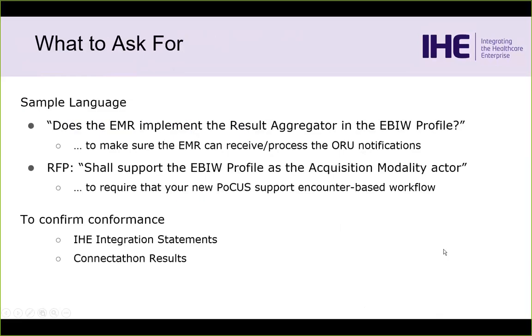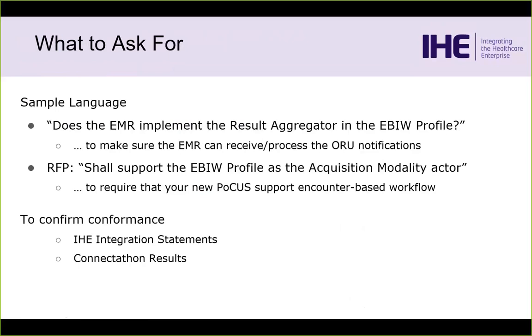So if you're interested in these sorts of profiles, you'll want to be putting this into the discussions you have with vendors. For example, does the EMR implement the result aggregator in the EBIW profile? Would be a way to ask, will the EMR be able to receive and process these ORU notifications? For an RFP, for example, you might say the modality shall support the EBIW profile as the acquisition modality actor.